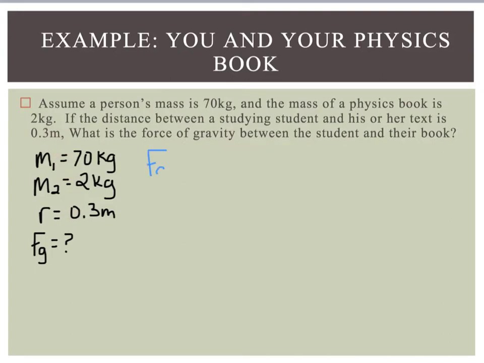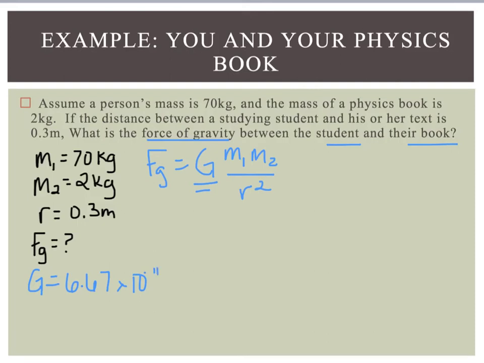It was Fg equals capital G m1 m2 over r squared. So here we've got G. When we do these problems, if it's asking what is the force of gravity between two things with mass, we need to remember that we can always include in our list of knowns our gravitational constant.